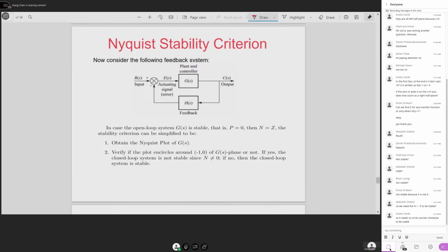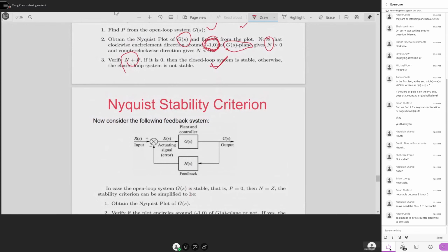What kind of system do you not have a choice? Can you give me an example? What kind of system do you design that has to be unstable because you don't have a choice? Can you give me one such system? Someone?